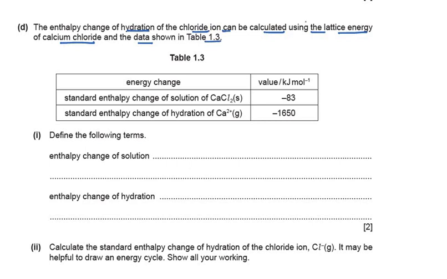What we are supposed to use is the lattice energy of calcium chloride, and from that we are supposed to calculate the enthalpy change of hydration of chloride ions. The values given are the standard enthalpy change of solution of calcium chloride, and the enthalpy change of hydration of calcium. Now the question here is to define the following terms.